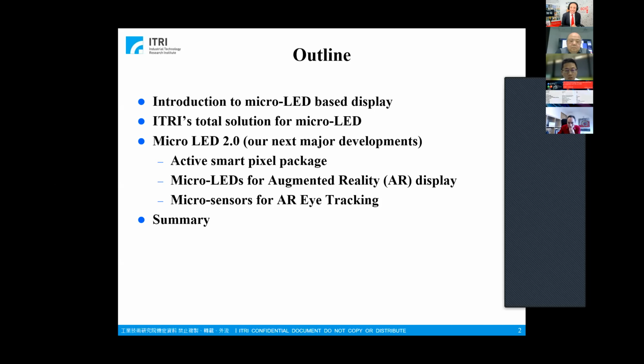Micro-LED for AR display has very high PPI micro-LED pixels on the CMOS backplane IC, featuring very high brightness of over 20,000 nits. And the last one is an eye tracking application using micro-LED as a sensor, which is integrated with AR glasses, providing the eye-machine interaction interface.